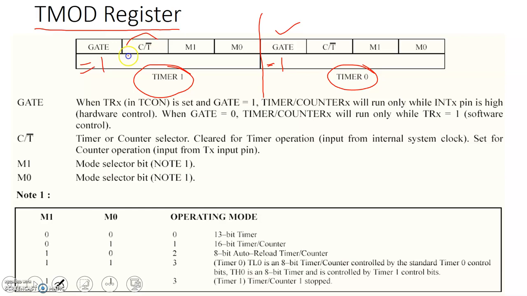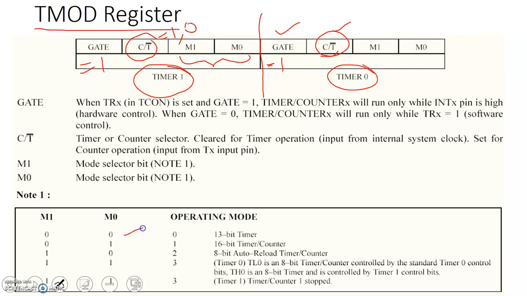And C/T bar. When this is equal to 1, we are operating in counter mode, and if it is equal to 0, we are operating in timer mode. Similarly, here timer 0 can be made a counter or timer according to the value of this bit. M1 and M0 are basically the mode selection of the timer. So we have got 4 possible values here.